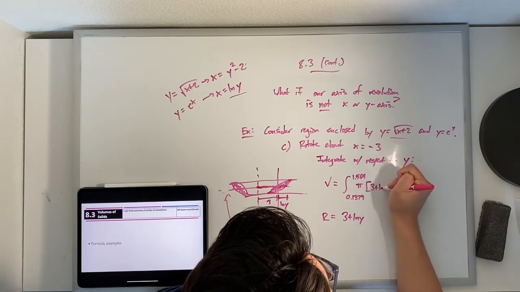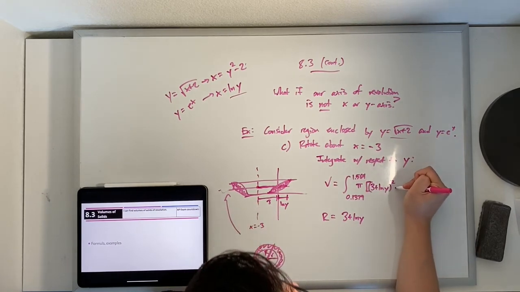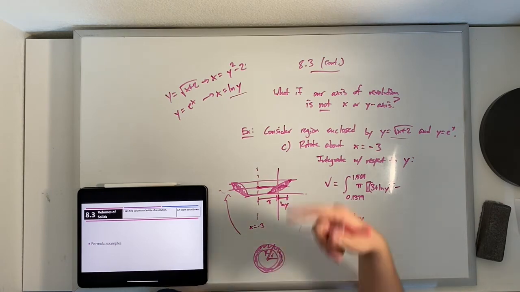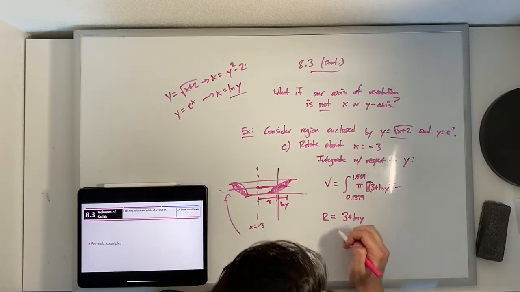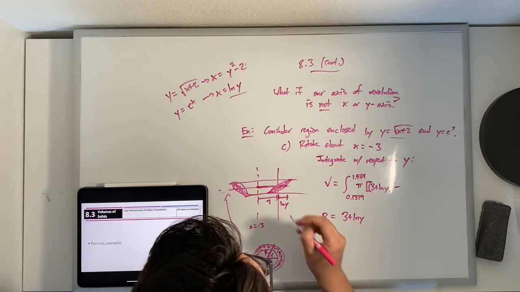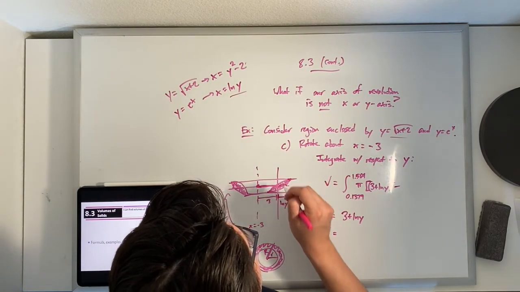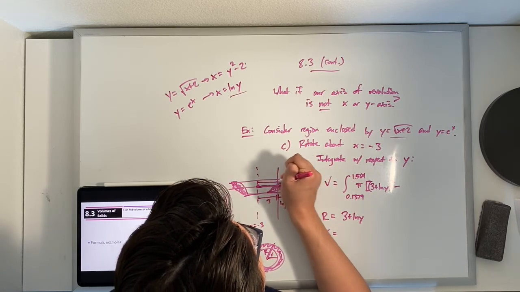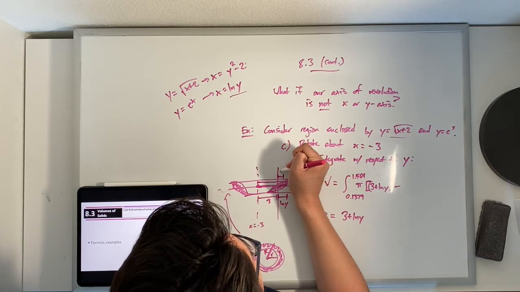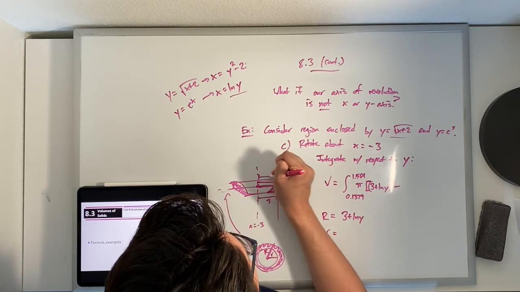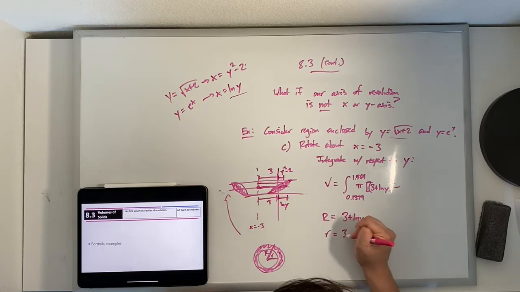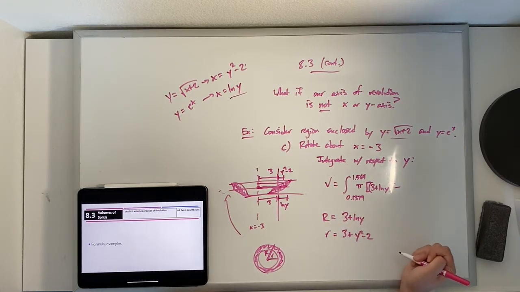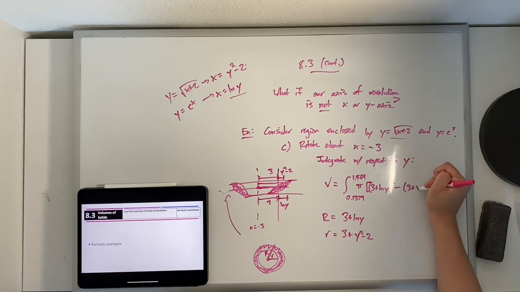I promise we will have a nice general formula in just a second, but right now I want you to think through how we're getting these radii. Little r is the closer function. So we have that distance, which is y squared minus 2, plus that distance, which is 3, with respect to y.